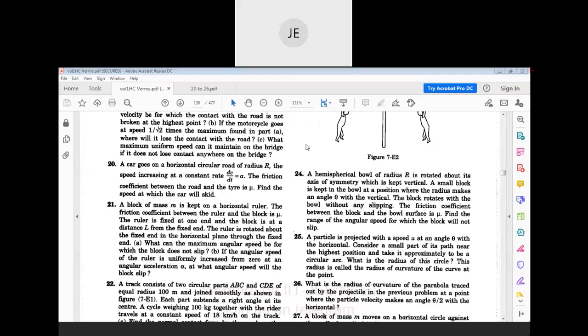So the block should not slip in such a way. What should be the angular speed so that the block does not slip? So the condition is the frictional force should be applied in such a way that it provides the centripetal force.